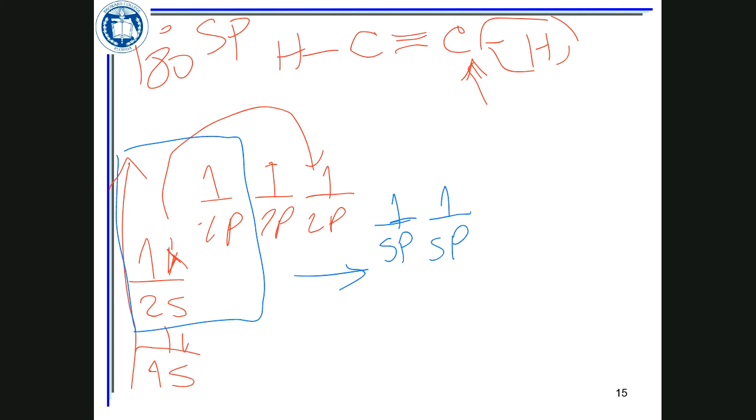What happens to the other 2 p orbitals? They are unhybridized p orbitals, because we only use 1 of the p orbitals to form the hybrid. The other 2 are going to stay at the same energy level they had and are going to be perpendicular.